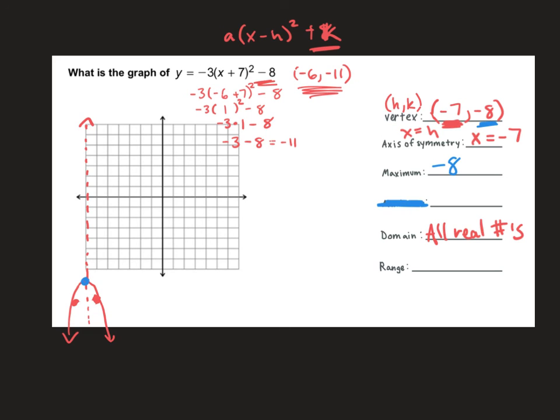All right, and the last thing is our range. So what's our range going to be if it opens down? It opens down, so it would be negative infinity to negative 8. Any questions on graphing these?